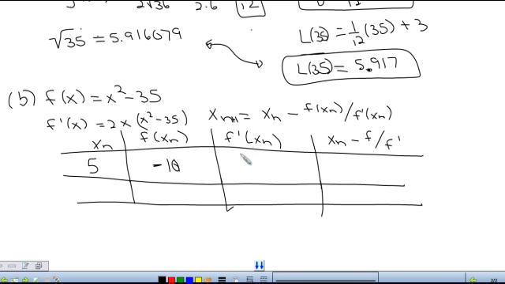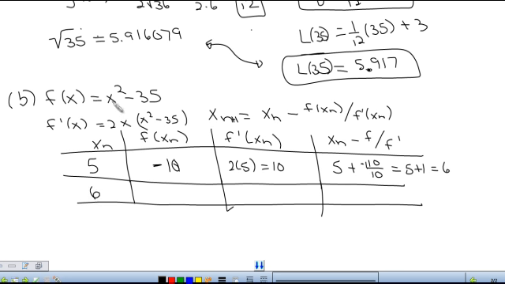F prime would be 2 times 5, which is 10. So my next guess is going to be 5 minus negative 10 over 10, which is going to be 5 plus 1, 6. So 6 is going to be my next guess.